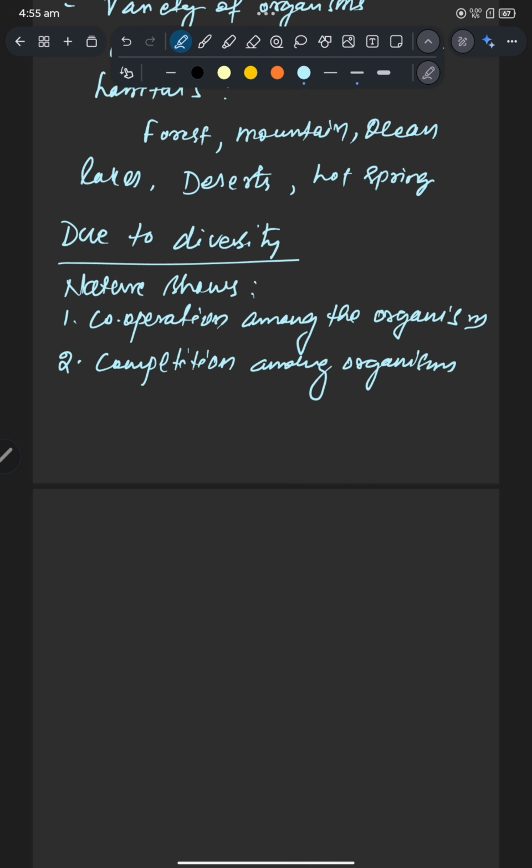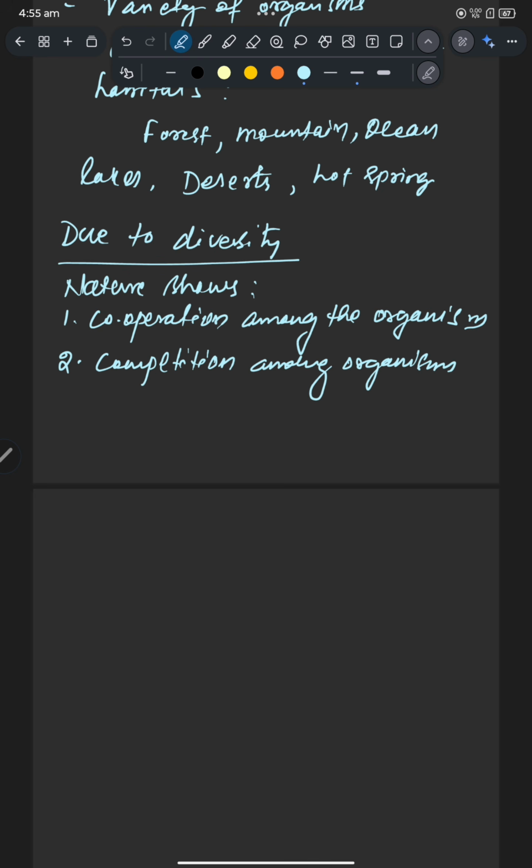Suppose the environmental condition is very harsh and not suitable for the organism, then the organism has to compete and struggle. Also, the resources in the environment are always limited, so for those limited resources there is always a competition among organisms.